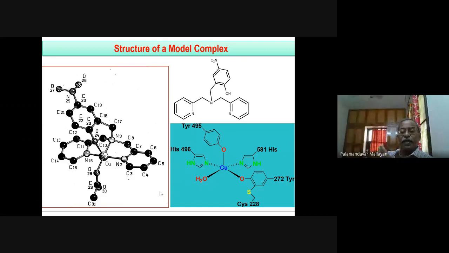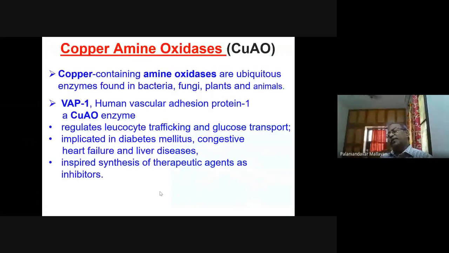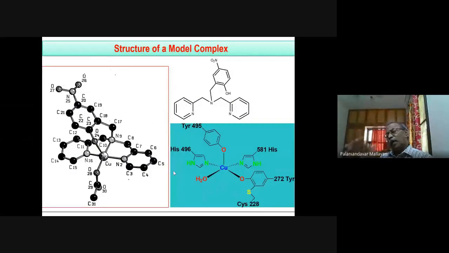So now you understand how nature has designed a type 2 active site, a pre-organized active site, so that you can use this site to bind to alcohol and partially oxidize it to the aldehyde, right? We made use of a number of techniques, EPR and everything, to characterize this particular complex, and then we came out with the conclusion that they have normal properties.